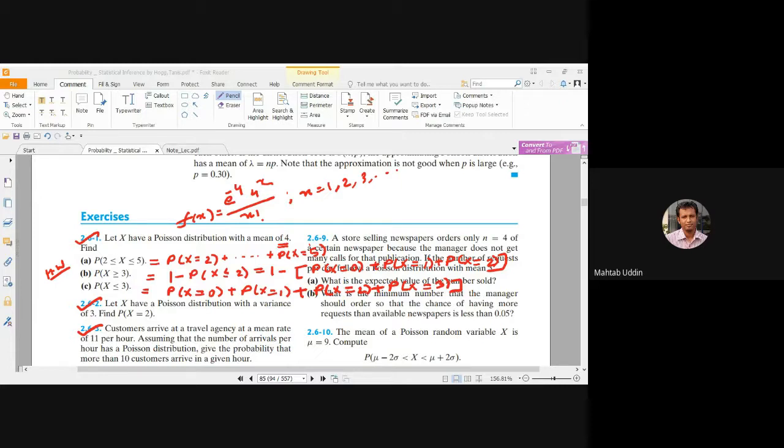You need to calculate them multiple times otherwise. So first calculate from x equals 0 to x equal to 5, then put them where I have written. Do you understand? Yes, sir. Simple task.